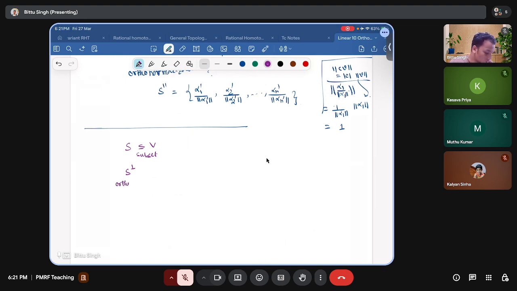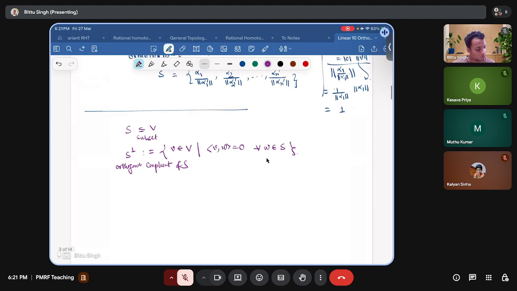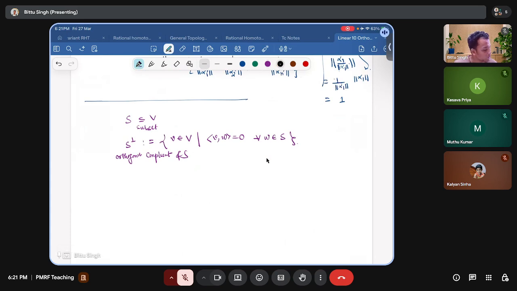It is called the orthogonal complement of S. This is defined as the collection of all vectors in V such that if we take some vector W from this small s, the inner product is 0, for all W coming from this capital S. So this is the definition of orthogonal complement.